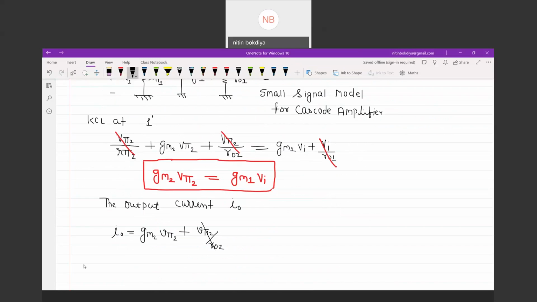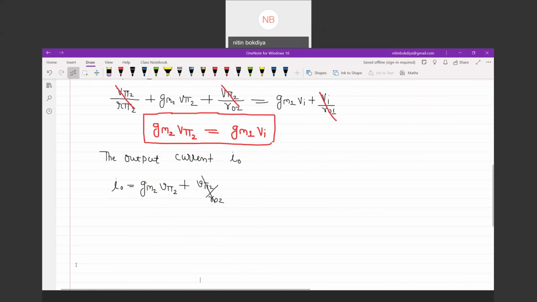You can neglect this because the output resistance is expected to be very high. Now IO is the output current and GM2 V pi 2 is GM1 into V pi 1. IO is the output current of the complete cascode and V pi 1 is the input voltage.